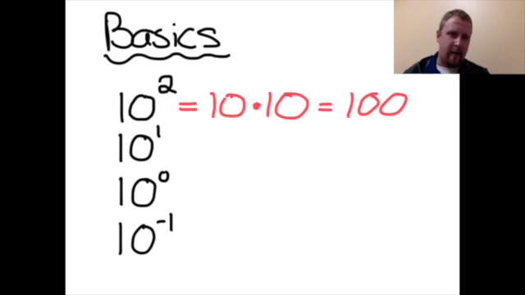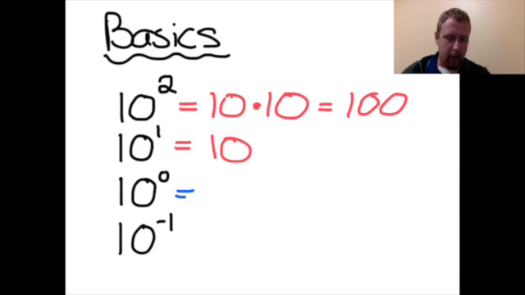Then there's this next one, and it is 10 raised to the first power, which is really just 10. Remember, the exponent is a multiplier. It tells us how many times we're multiplying that number. Well, in this case, it's one time, or really it's just 10. Now, 10 to the 0 power. This is a tricky one.